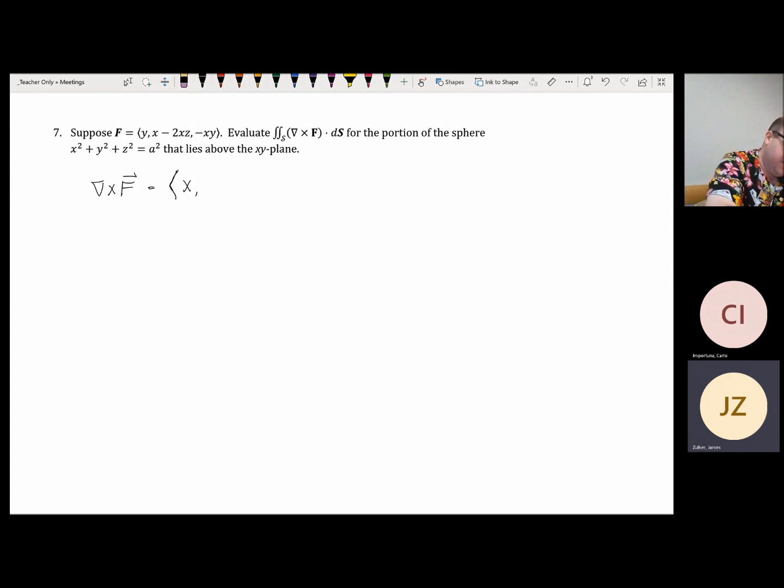Oh no, sorry, y. Partial x minus partial y, which is 1. Left with negative 2z. So there's our curl field.